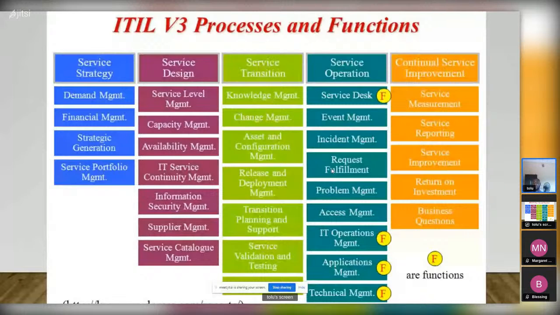So as has been stated, the five levels of the IT services framework are service strategy, service design, service transition, service operation, and continual service improvement. In the service strategy, the processes are demand management, financial management, strategy generation, and service portfolio management.